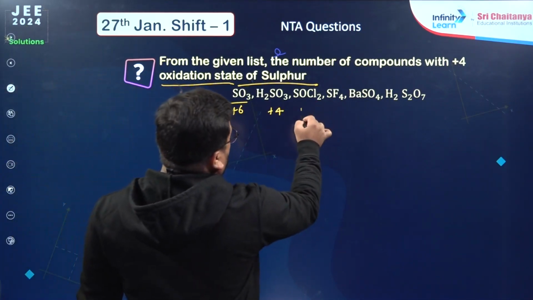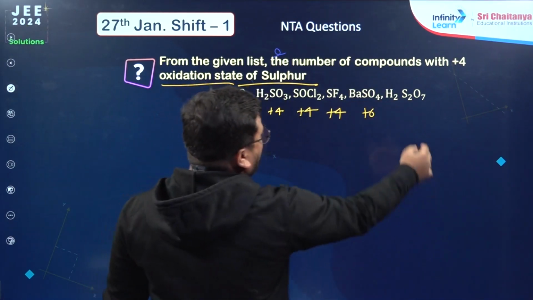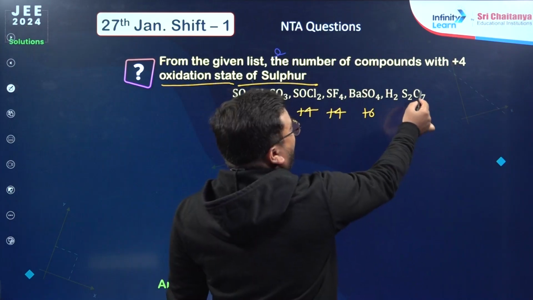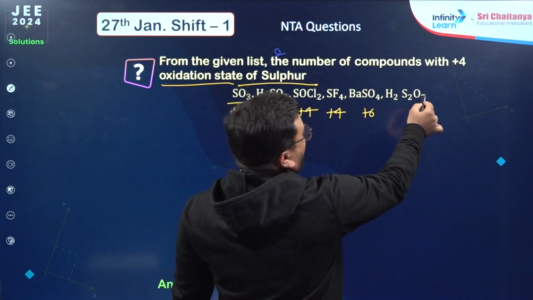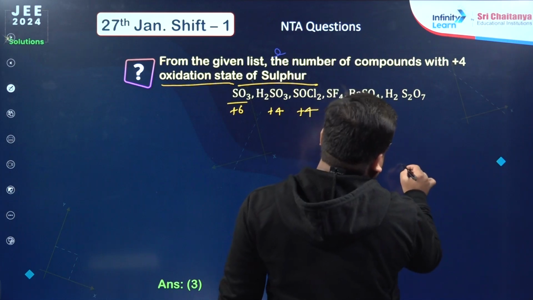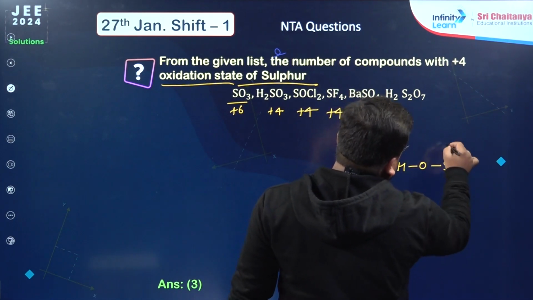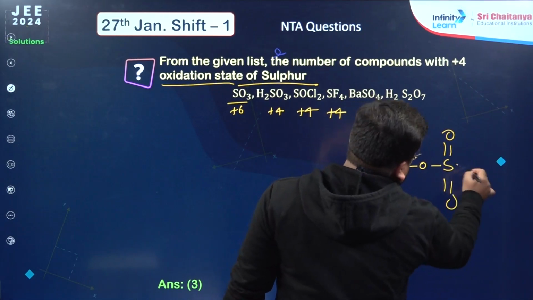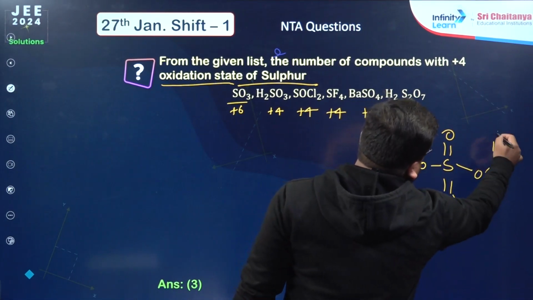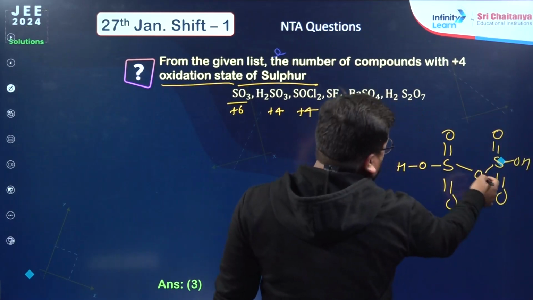SF4 is also +4. There is also sulfate, 2 minus, which is +6. In this case, if you try to find the structure, it is HO, S double bond O, double bond O, O, H.